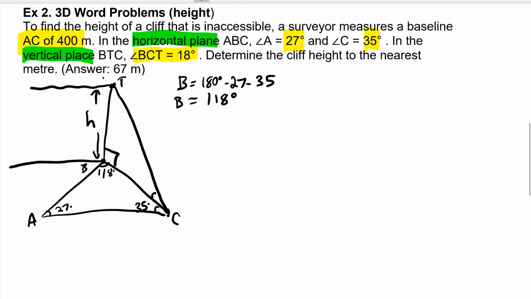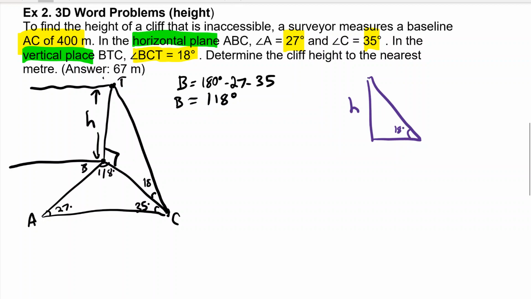I'm told this angle is 18 degrees in the vertical plane. So now I know the vertical plane of that triangle. Basically this vertical triangle, I'm just going to redraw over here in purple. So this is the vertical plane triangle right here, and I know that this is 18 degrees.